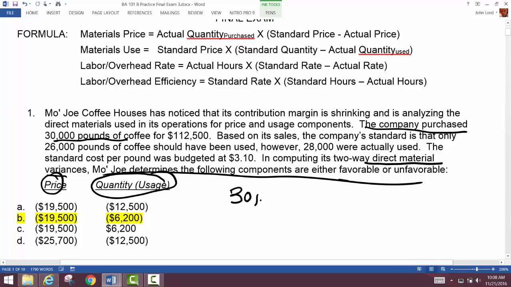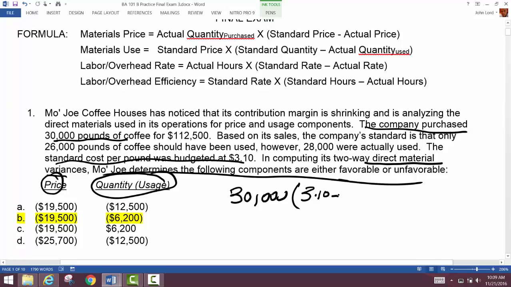So we take the 30,000 and multiply that by the standard price minus the actual price. They tell us the standard cost here is 310, isn't it? So I grab that 310.